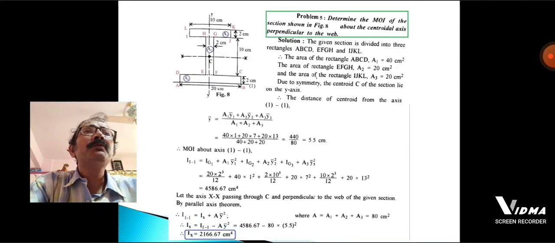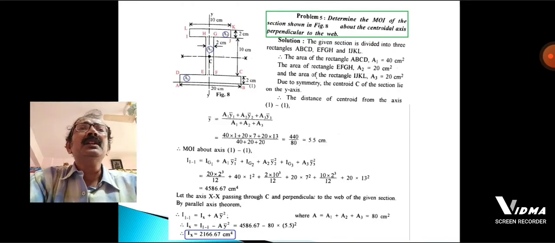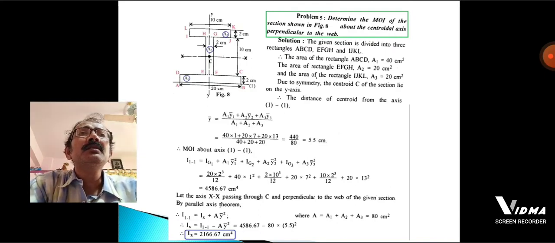In problem number 5, determine the moment of inertia of the section as shown in figure 8 about the centroidal axis perpendicular to the web. In this case also we have to apply the parallel axis theorem. There are three sections, 1, 2 and 3; we divide the total I section into three parts.